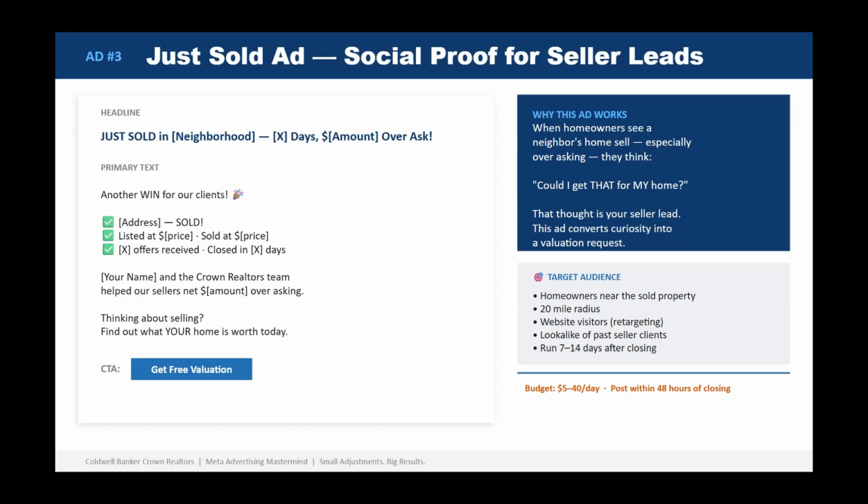If you're looking for people who have probably looked at this property online, particularly the neighbors as you were advertising it, you want to retarget those. Okay. And this one, again, we're only going to run for a week to 2 weeks after closing. Okay.